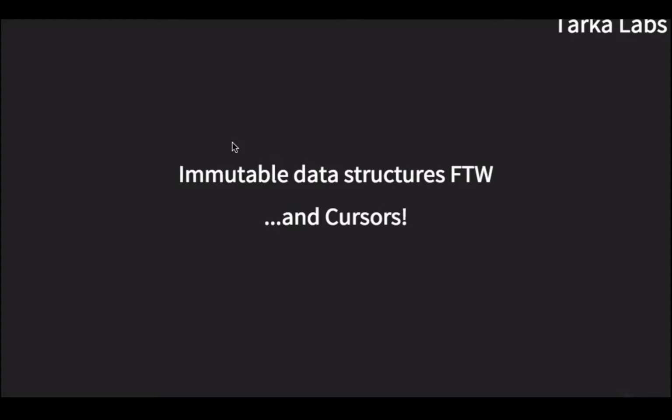Even if you have multiple threads and you update an immutable data structure, you're bound to have the same structure, so the concurrency will be maintained across threads. Cursors allow us to navigate through an immutable data structure. So we have an immutable data tree.